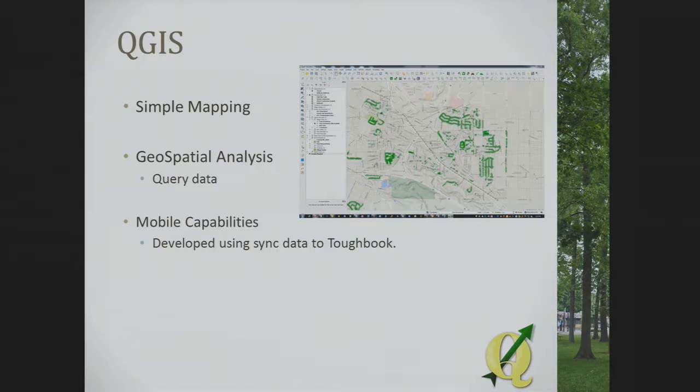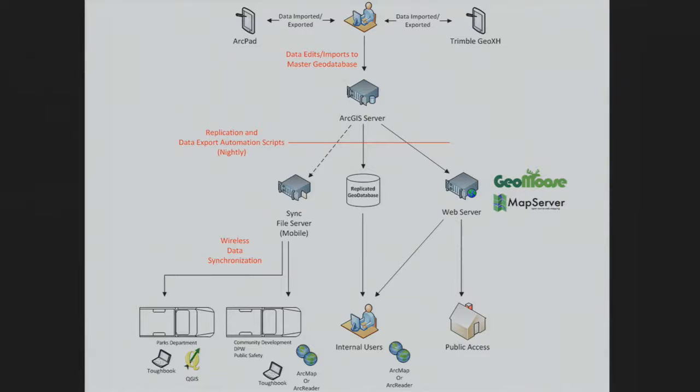This is just a real quick look at how the data is flowing through our system. Basically, we have ArcPad, Trimble, GeoXH. There should be a QGIS. I realized I messed up on the slide, but it's all being pumped through me, actually, and then going up to our ArcGIS Server.